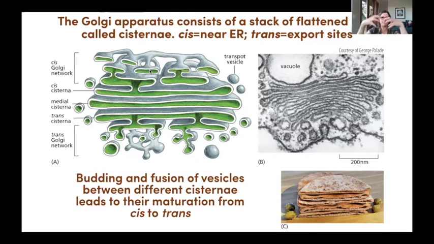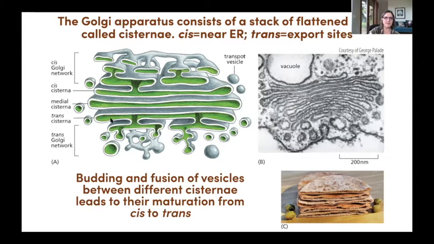And so it's the budding of vesicles that form these cisternae and cause them to grow. And then there are also vesicles constantly budding from each of these cisternae. It's not so much that the vesicles carry things from the cis to the medial to the trans. That's not actually how it works. What actually happens is that these compartments mature by having vesicles carry things away from them that are specific to the cis network and going to other compartments.